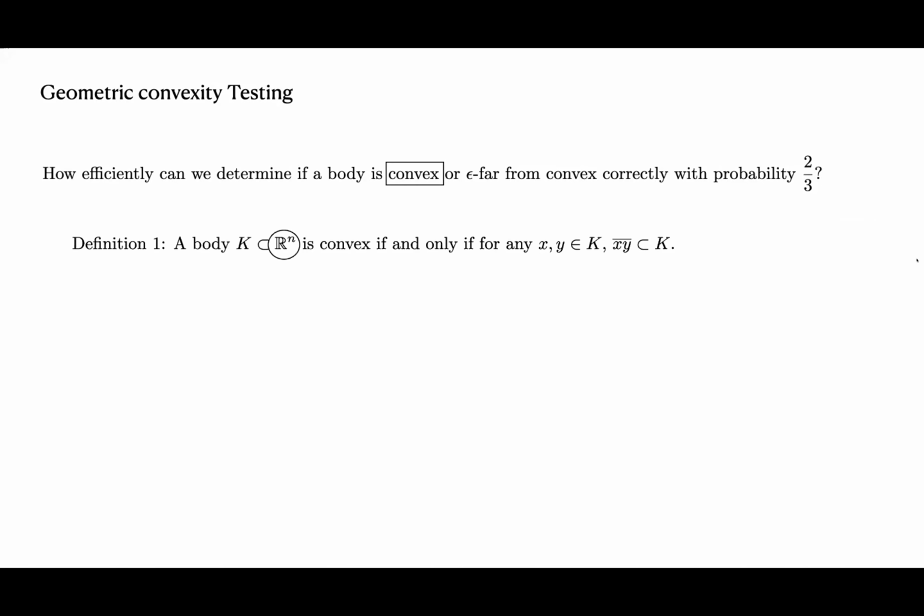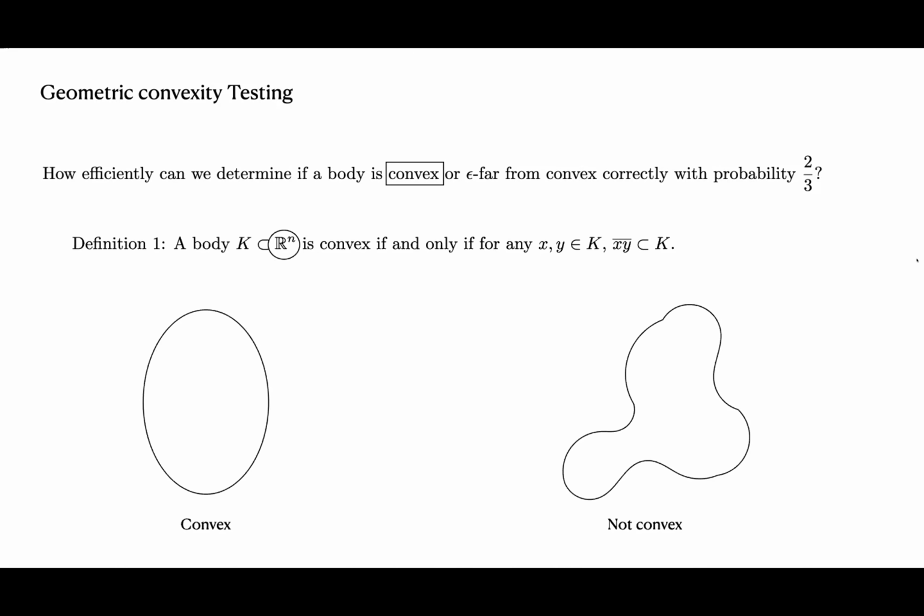So what do we mean by a convex body? We say a body is convex, this is the first characterization, if you take any 2 points and the line joining the 2 points lies completely inside the body. We say it's not convex if there exist 2 points where the line joining them goes outside the body. We can extend this characterization to any number of points.